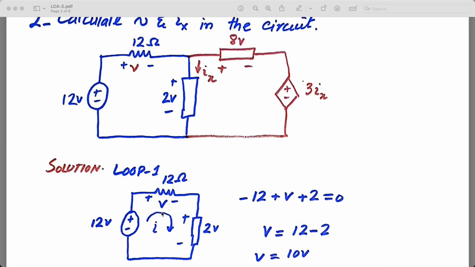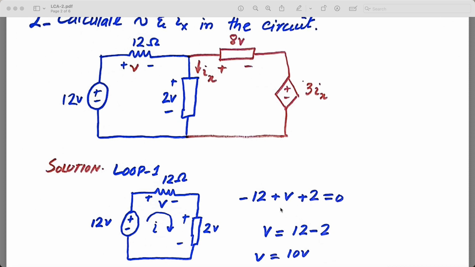The current is entering the negative sign, so here you have minus 12. Current entering into positive V, so positive V, positive 2 is equal to 0.